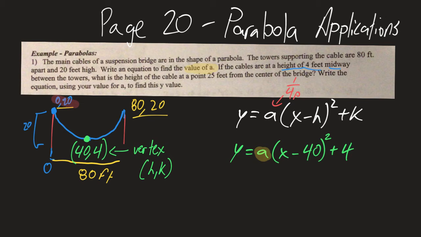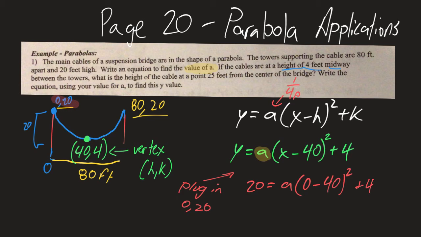We're going to plug that in. So here we go, we've got 20 equals a(0 minus 40) squared plus 4.